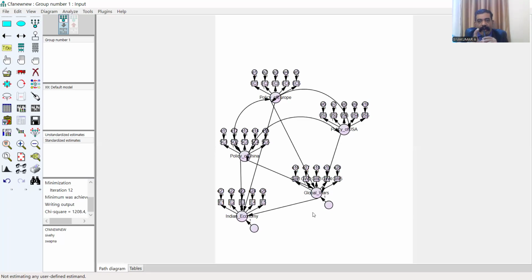You have to add two more variables with the dependent variables. You need not add a variable to the independent variables, but you have to add two more variables along with your dependent variables. Global wars and Indian economy are dependent variables. Then please name it.